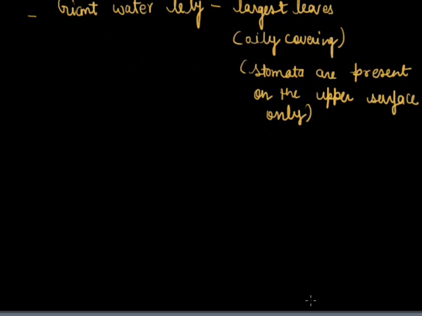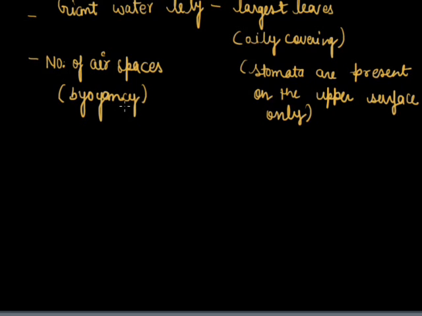There are a number of air spaces or cavities in the stem of aquatic plants which help them in buoyancy and thus keep the plant up in water.